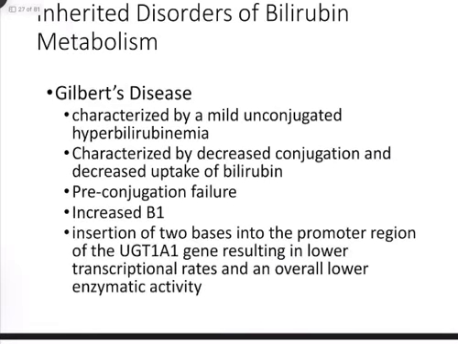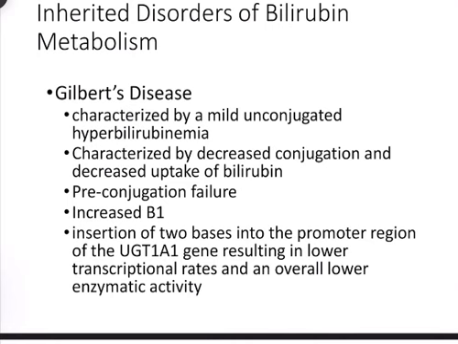Okay. So you do have inherited disorders of bilirubin metabolism. First is Gilbert disease or Gilbert syndrome, characterized by a mild unconjugated hyperbilirubinemia. Your B1 is being accumulated, but in a mild state. Characterized by decreased conjugation and decreased uptake of bilirubin by your liver.